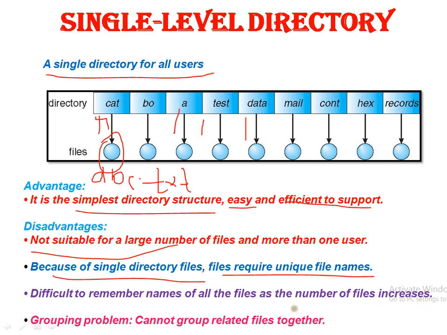When the number of files increases, humans will have a problem remembering the file names. Next, grouping problem. You cannot group related files together because it is a single level directory.